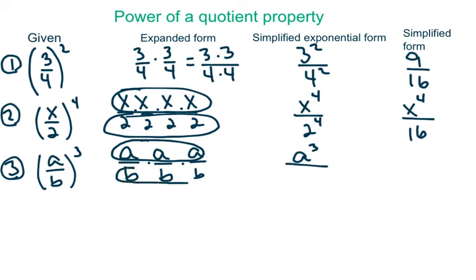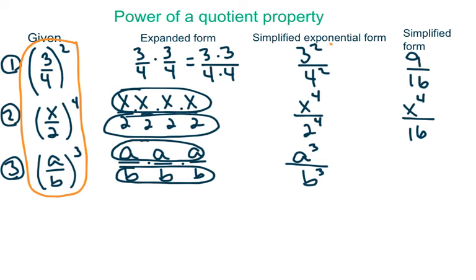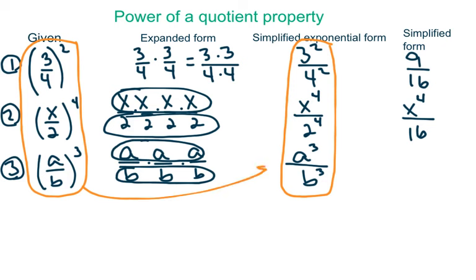The denominator, b times b times b, is b to the 3rd. And that's it. So think about how we can go from the given to the simplified exponential form using a shortcut without going through the expanded form version. Pause if you need time to think.